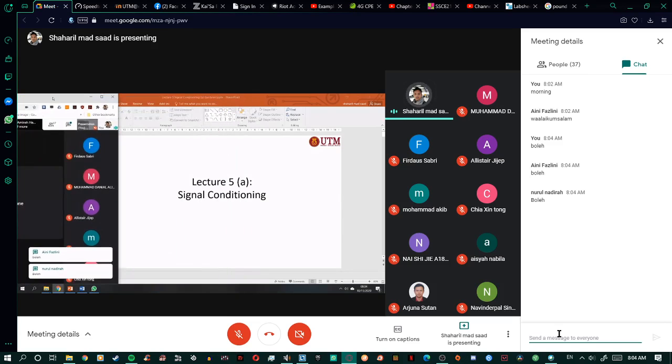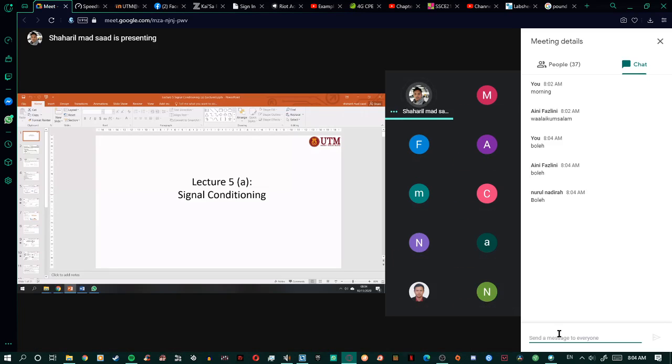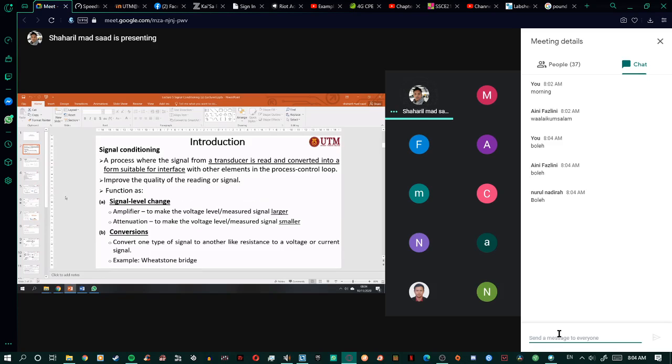Alright, good. So, signal conditioning. This one you have learned before in your electronics subject, right? It talks about the op-amp. There are two parts for signal conditioning, part A and part B. Introduction, signal level change.